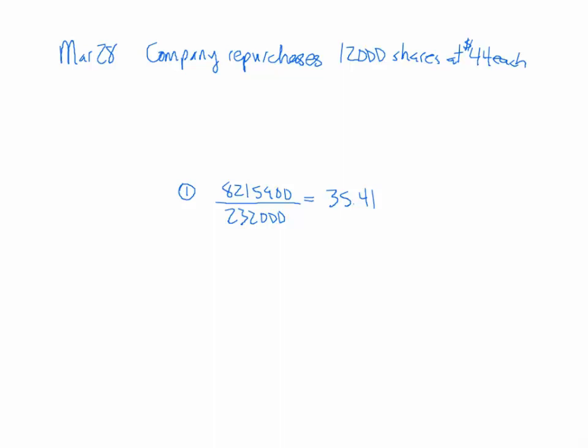So now that is 35.41 times 12,000. No, I did that wrong. 35.41 times 12,000 is equal to 424,920.